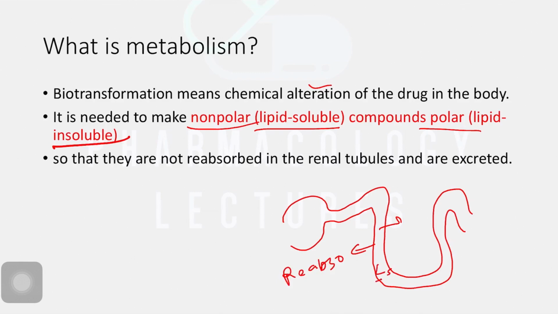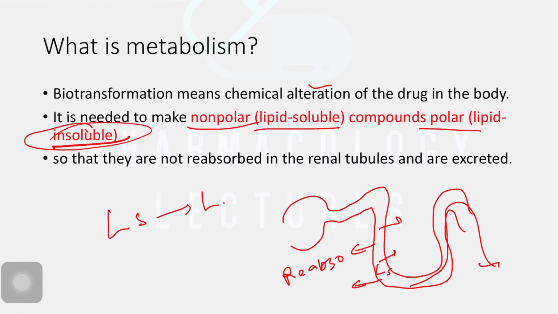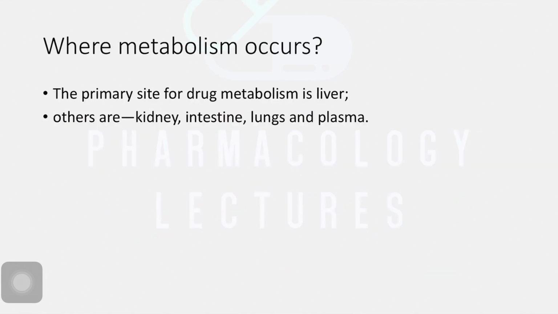So if the drug is lipid soluble, it again gets reabsorbed into the body. So we need to convert the drug into lipid insoluble to get out of the body. And that is why metabolism is a process which converts lipid soluble into lipid insoluble compounds.